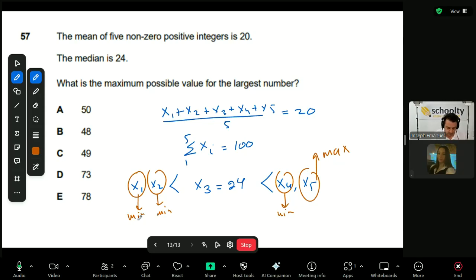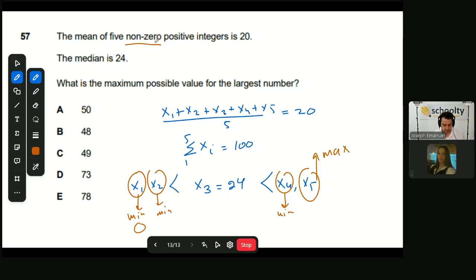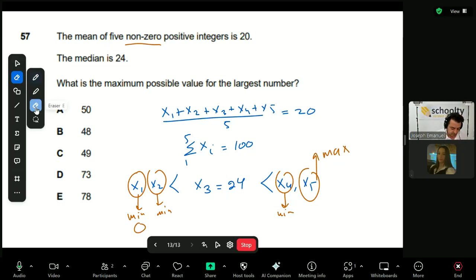So it's already very simple, because the minimum is 0, I think non-zero, yeah? Positive integers, so it's 1. So we have here 1, 1, and 24. The smallest one can be equal to the median, so it's 24.